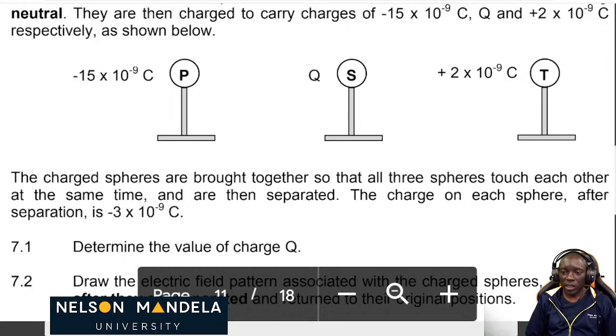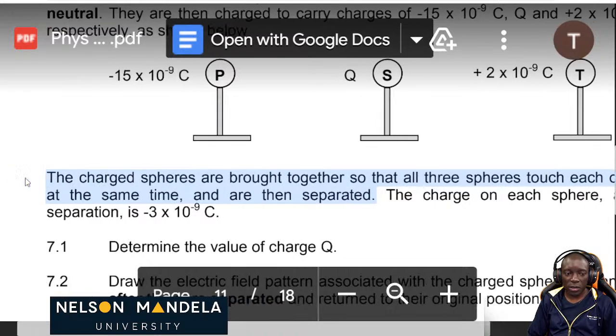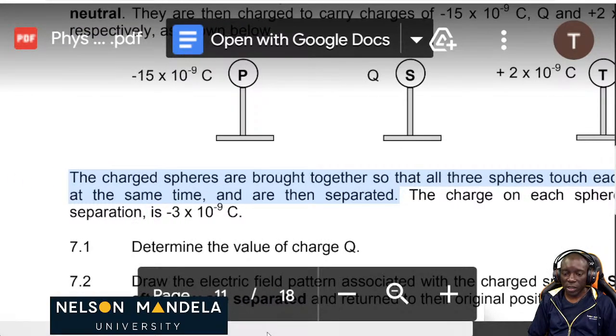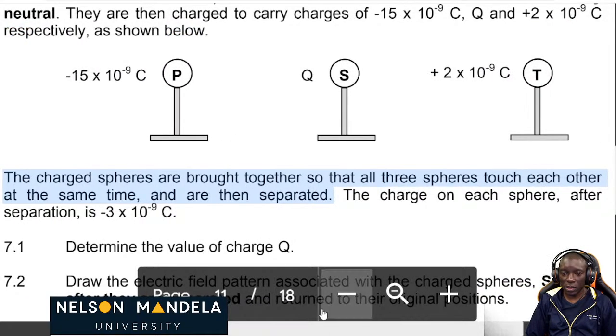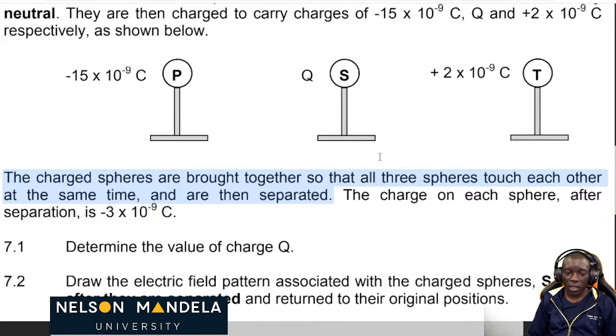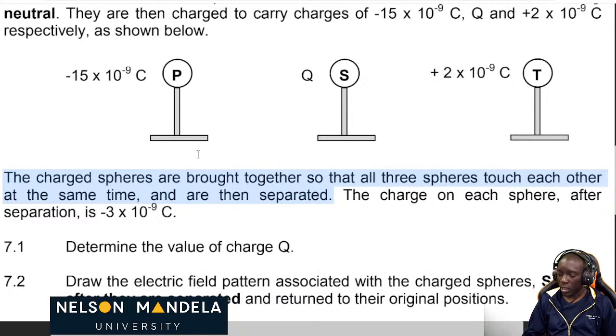So which means there is a distribution of charge. The spheres are made to get into contact, brought together such that they touch each other at the same time. Then they are separated, so they distribute the charge. The charge on each sphere after separation is negative 3 times 10 to the minus 9 coulombs.